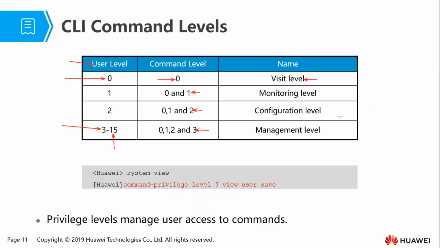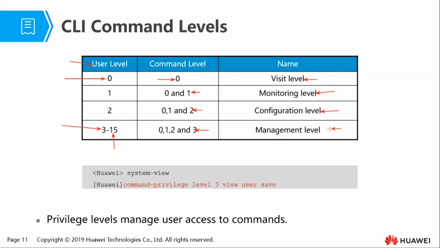Then the monitoring level will allow the majority of the display commands to be used, for example commands that display the current configuration together with the saved configuration, and so on and so forth. Then at the configuration level, you can now change system parameters.